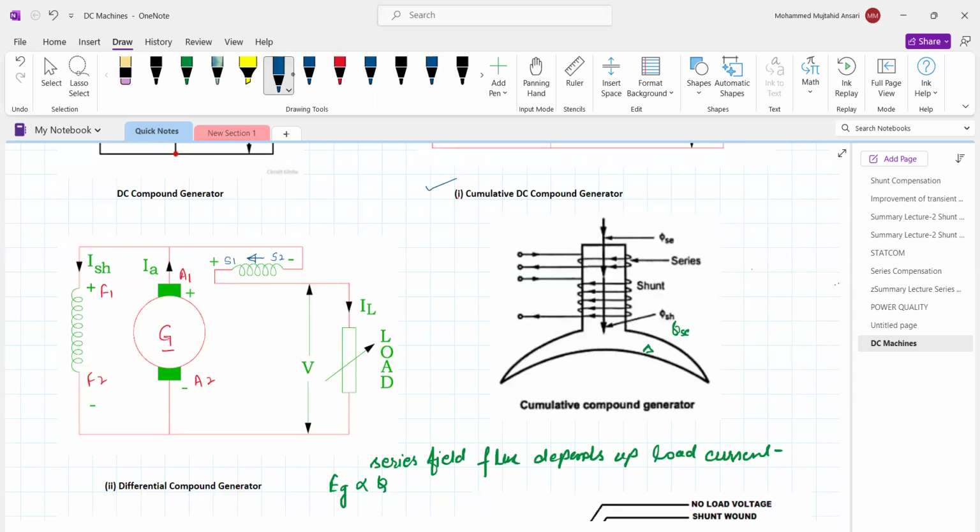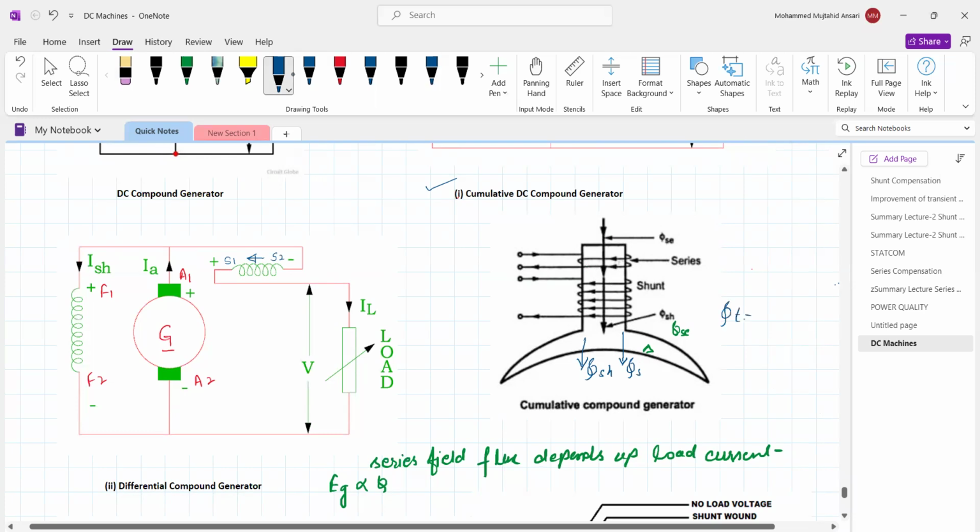Therefore, the flux produced by the shunt field current I_SH and the flux produced by the series field current phi_SE both are in the same direction. Therefore, the total flux phi_T is equal to phi_SH plus phi_SE.